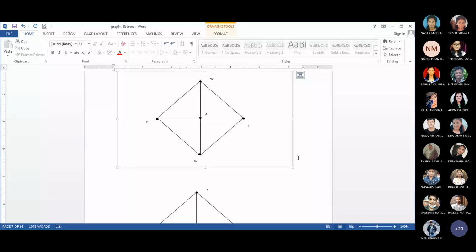Right, so minimum we require 3 colors to obtain a proper coloring. So for this graph the chromatic number will be 3, because we require minimum 3 colors for obtaining the proper coloring of the graph. This much is clear? Yes, sir.